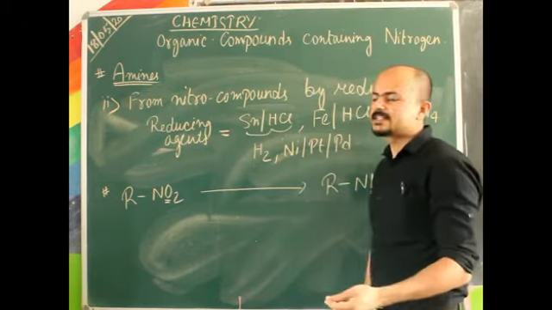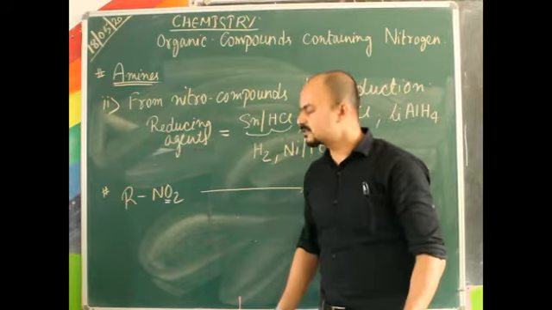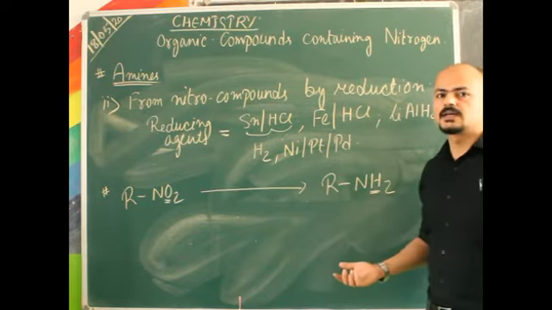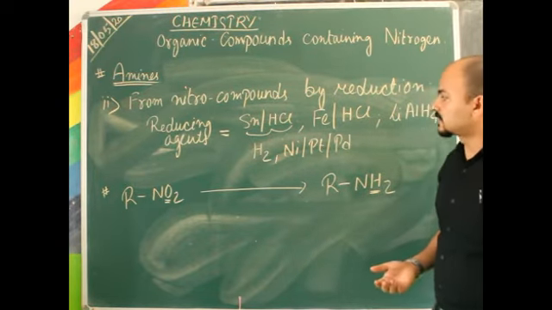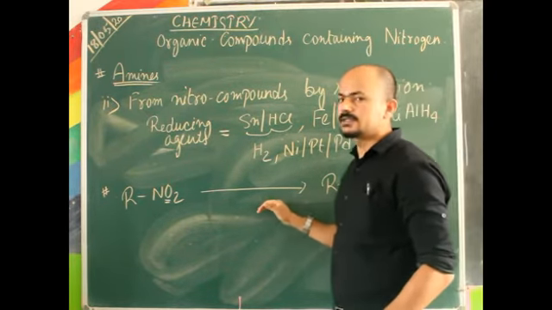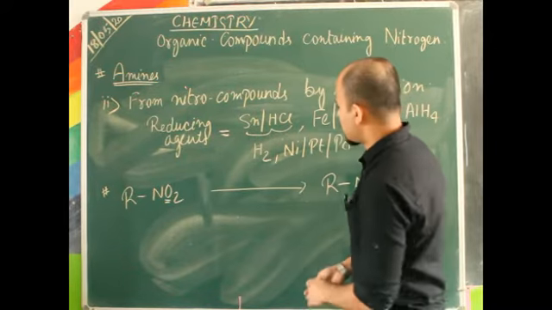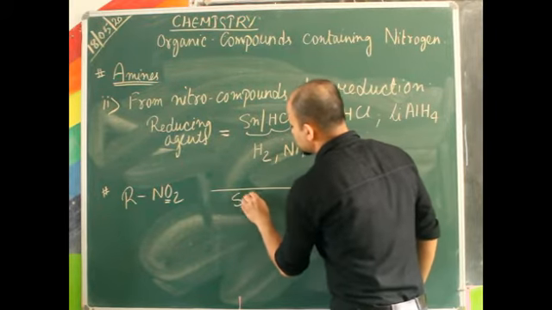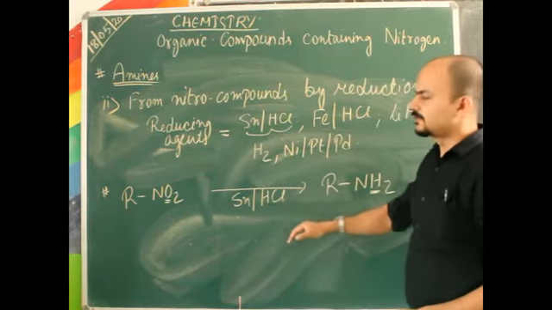So from the basic definition of reduction, removal of oxygen is what? It's reduction. Or addition of hydrogen is what? Addition of hydrogen is also reduction. So any one of these reagents can be used for this particular reduction. Now here, I'll be writing only one reagent, that is HCl, but you can use any one of them for this reducing condition.